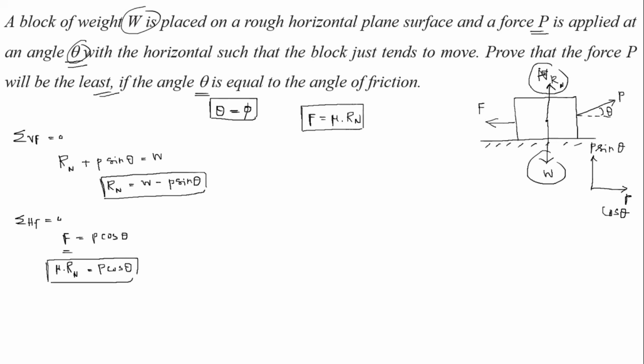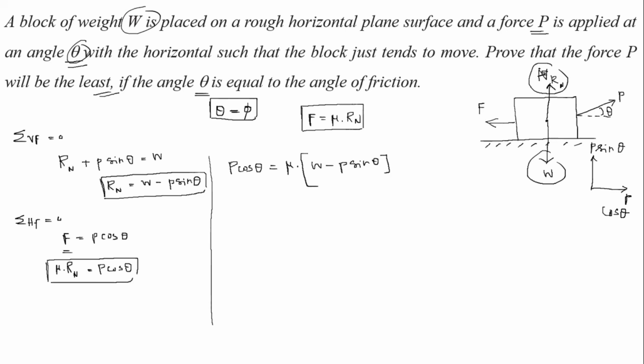Now, substitute the value of Rn here, right. So, P cos theta equals F, which is equal to mu into the value of Rn, which is W minus P sin theta, right.